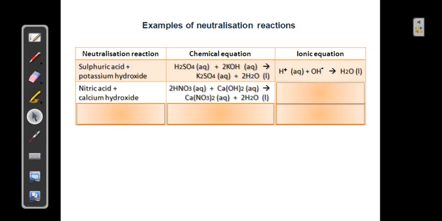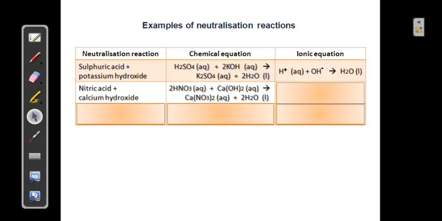And then this equation, if you look, Ca(OH)2, meaning this calcium hydroxide, requires two substances to bond.